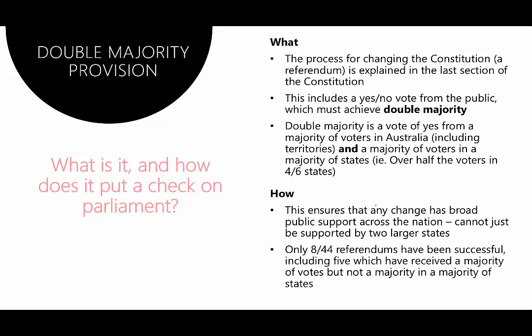And more or less what this means is that any change to the Constitution has to have broad public approval. Okay? You have to have a majority of voters overall, but you also have to have a majority of the states on board. So the majority of people in some of the smaller states. It can't just be dominated by Victoria and New South Wales, the 2 largest states.